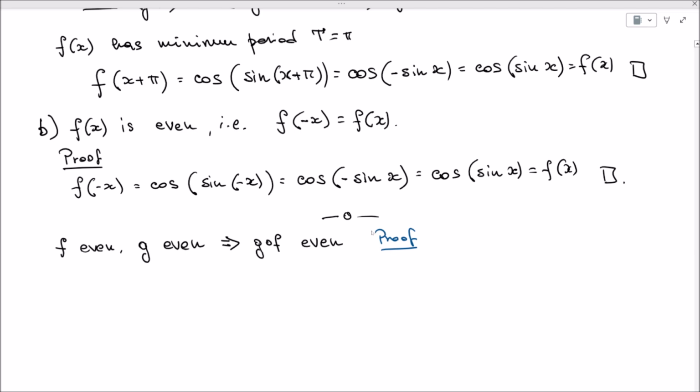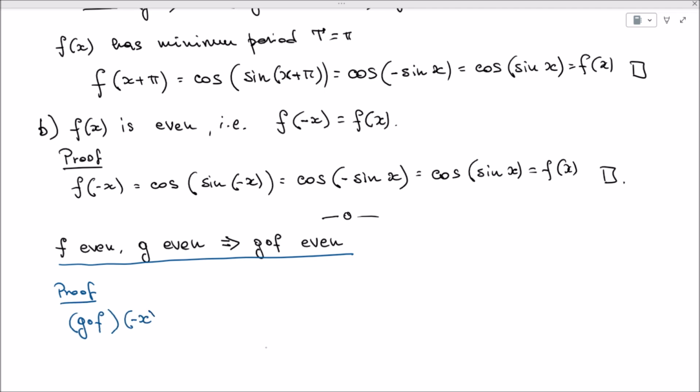So this is the first statement. We want to prove that g compound f of minus x, so this is basically g of f of minus x, but because f is even, this is equal to g of f of x, which is exactly g compound f of x. So this concludes the proof.